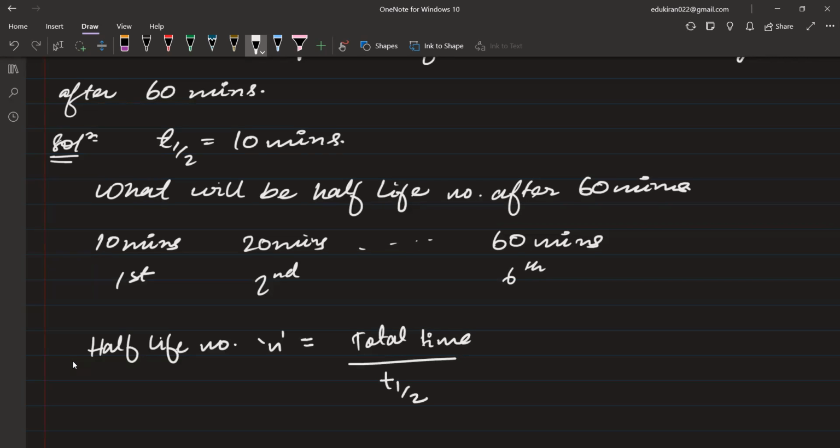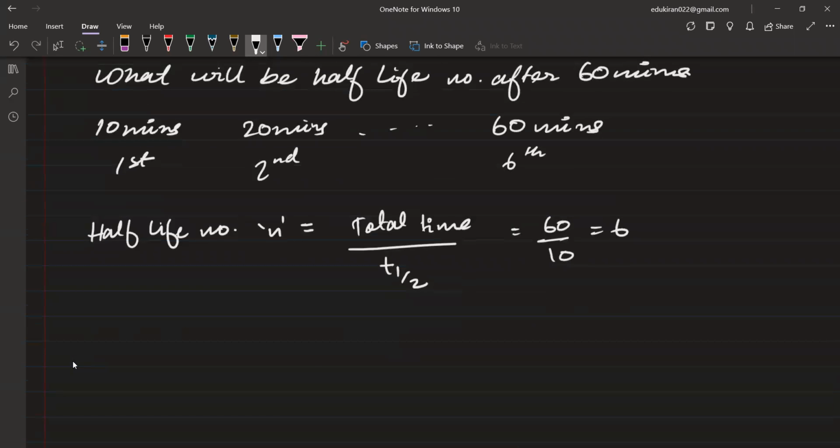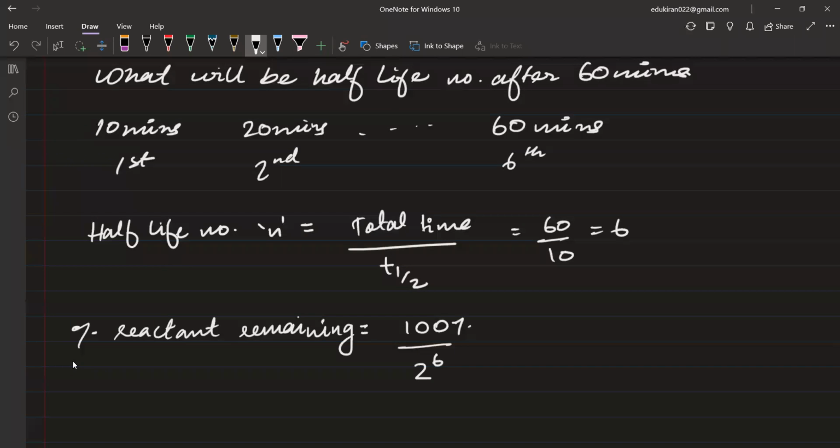We were asked about 60 minutes, so 60 minutes divided by 10 will be equal to 6. Now, the percentage of the reactant remaining will be equal to 100% divided by 2 to the power of 6.